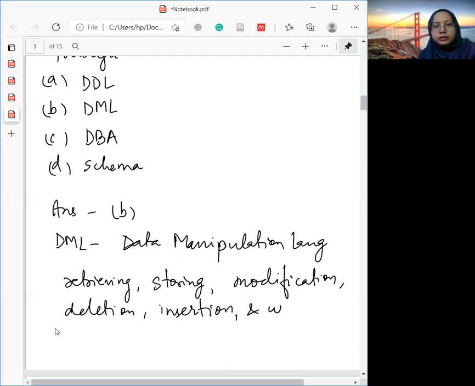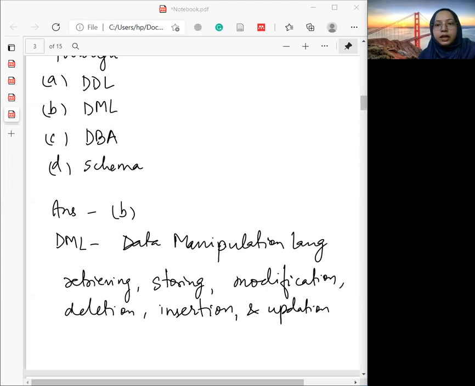And updation of data in the database. So example of DML are select, insert, update, delete. All these are example of DML, and others also.